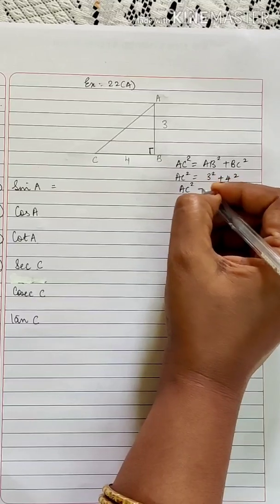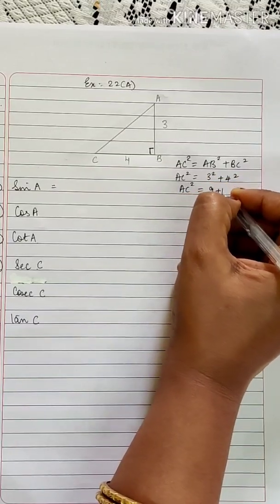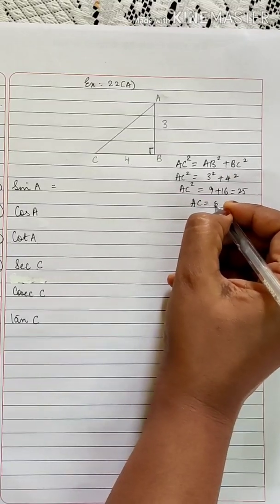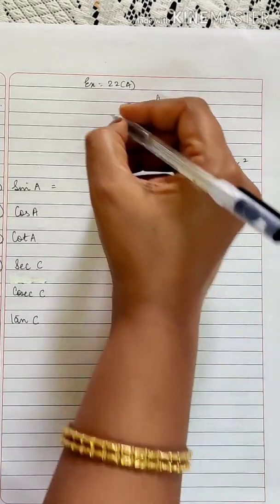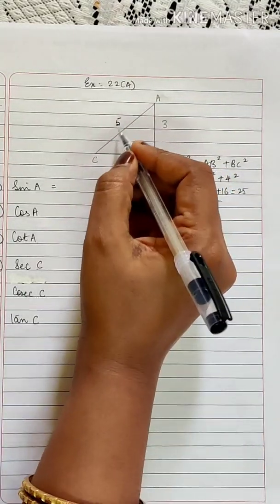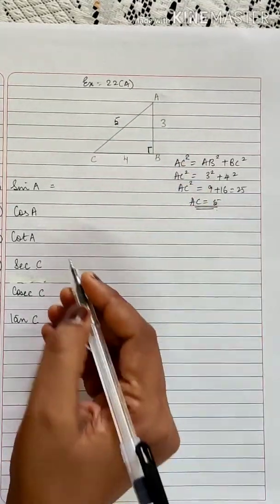AC square is equal to 9 plus 16, which is equal to 25. AC is equal to 5. First we have found out the unknown side, which is AC, and it is equal to 5.